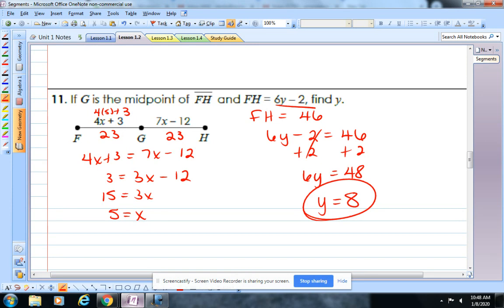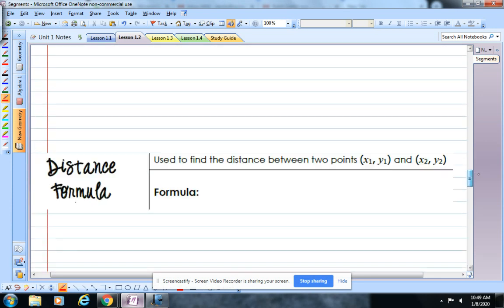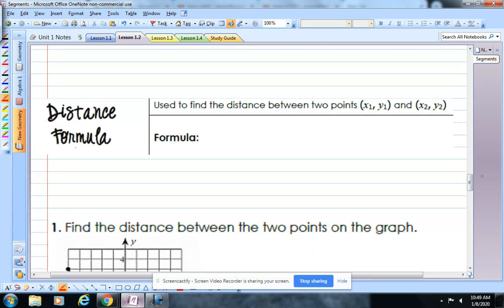Flip over to the second page, which would be really the third side of page. And we're going to talk about the distance formula. The distance formula is what we're going to use to find the length of a segment if it's given on a graph or by ordered pairs.